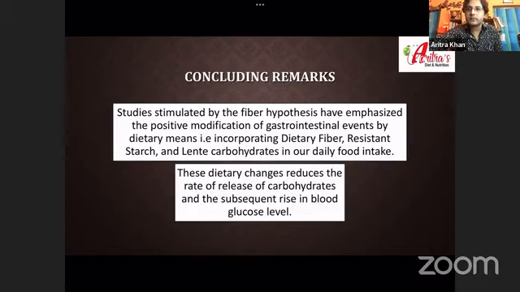In a diabetic patient, always aim for a balanced nutritious diet, 60 to 70% carbohydrate, 20% protein, and 20% fat. So carbohydrate must be there in their diet, with a subsequent rise in the blood glucose level.